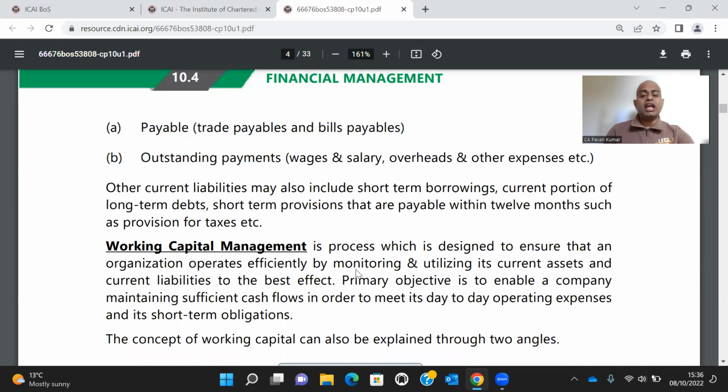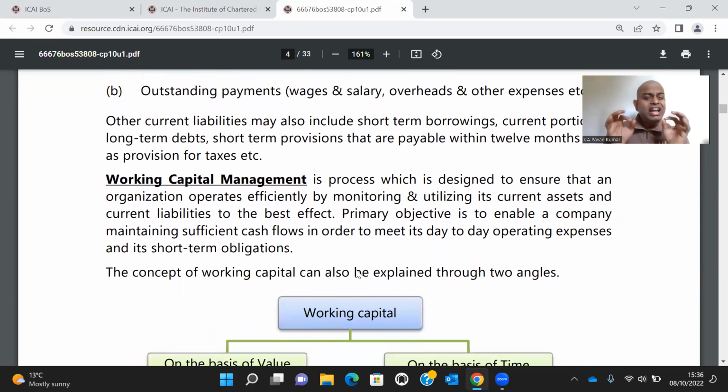Then they asked what is working capital management. You can give many types of definitions and explain the process, but remember one thing: working capital management is balancing between two things.